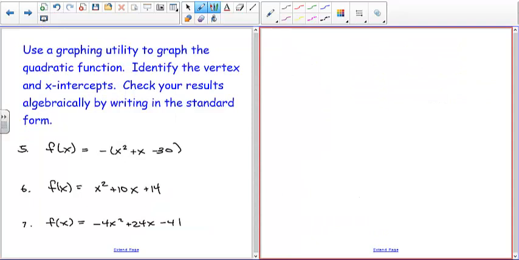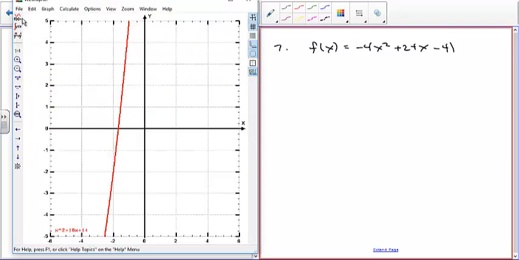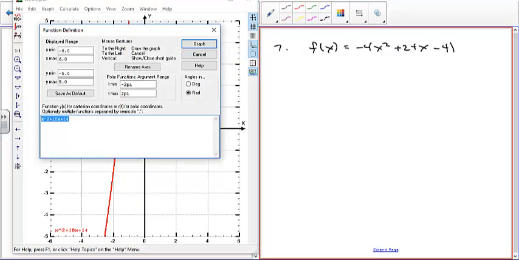So this one's a little more tricky, but same basic idea. So you've got f of x is equal to negative 4x squared plus 24x minus 41. So I guess we're supposed to graph this first. Graph this thing out.